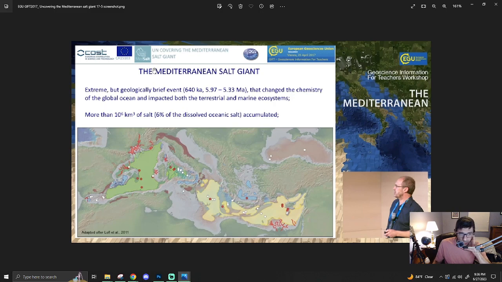Okay, Mediterranean salt giant, extreme but geologically brief event from 5.97 to 5.33 million years ago. That changed the chemistry. So if we think back, that 35 million is when this eddy that was forming above Greece stopped forming because pressure was relieving.